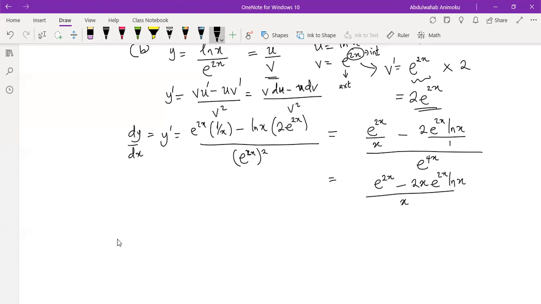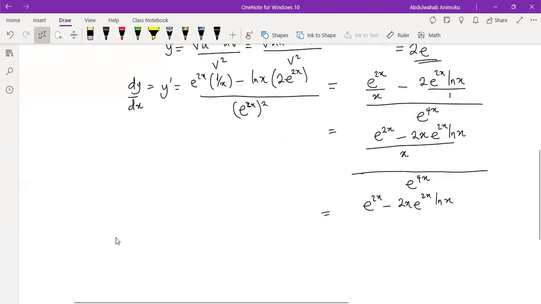Now, all of this divided by e raised to the power 4x. Now, we can simplify this further. The x would now come to the denominator as this.